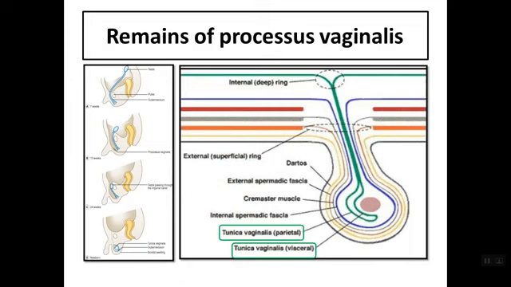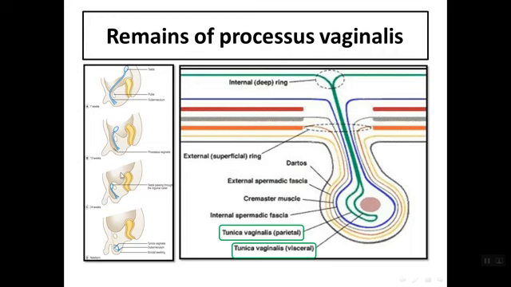Another structure that passes through the spermatic cord is the remains of the processus vaginalis. Embryologically, as the testes descend from the posterior abdominal wall, from the lumbar region, down to the pelvis, they drag with them a pouch of peritoneum.